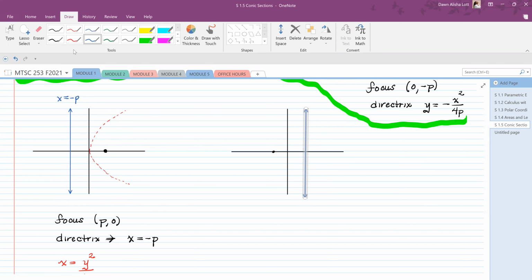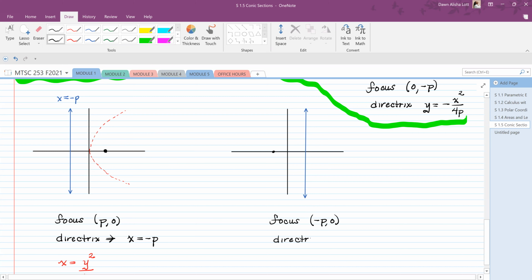So now my focus is negative p, 0. And my directrix is x is equal to p.